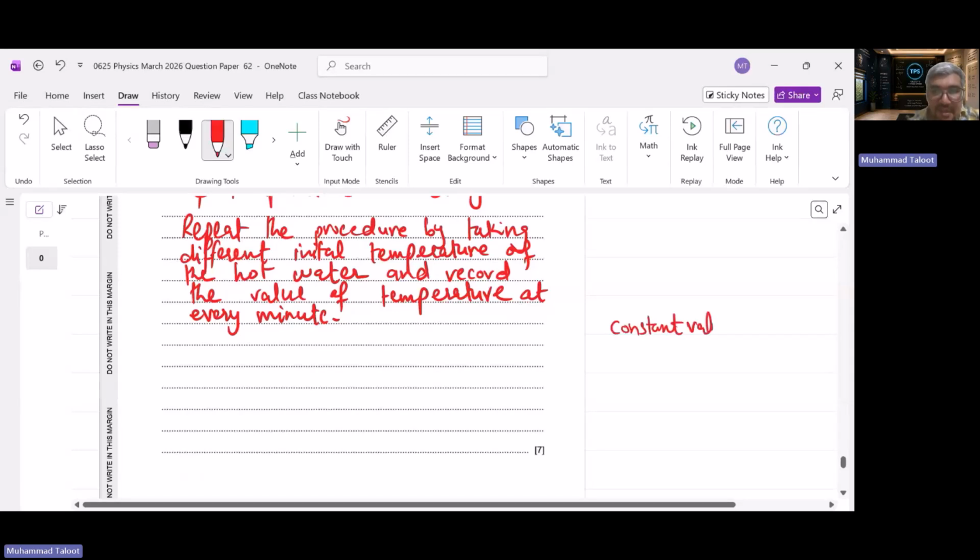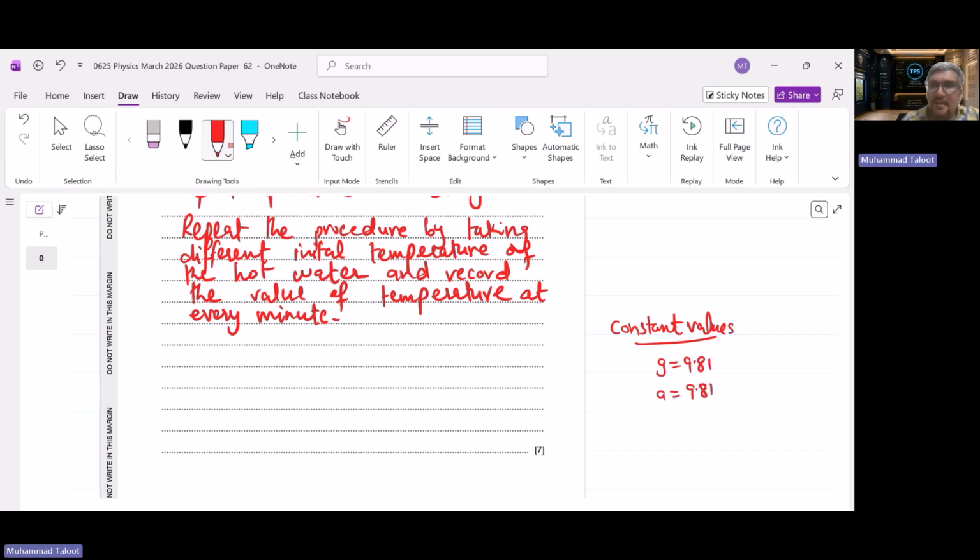There is a difference between constant values like g value is 9.8, acceleration of free fall is 9.81 or 9.8, you can say, the diameter of Milky Way, that is a constant value, speed of light, that's a constant value. But variables to be constant is something else.